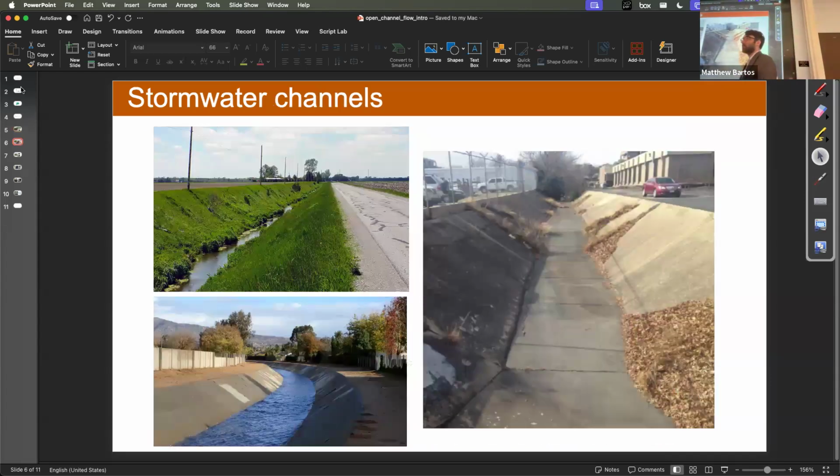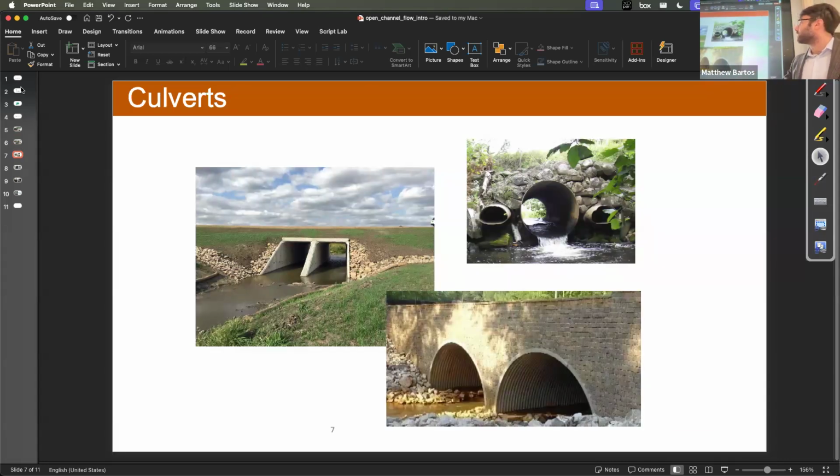So let's talk about a few applications of open channel flow that you will likely encounter. So within the design of urban drainage systems, you'll often find that drainage is facilitated through stormwater channels. We'll talk a bit about how to design these channels to convey a specified discharge. These structures you've probably seen before.